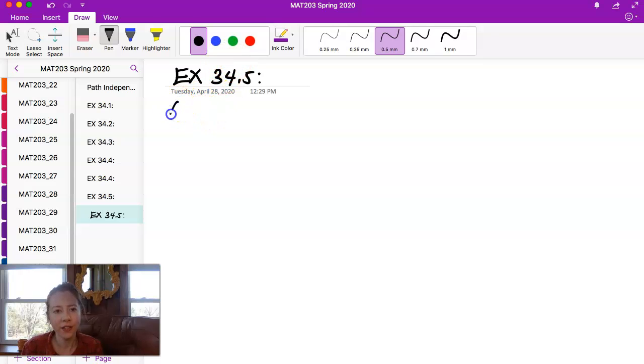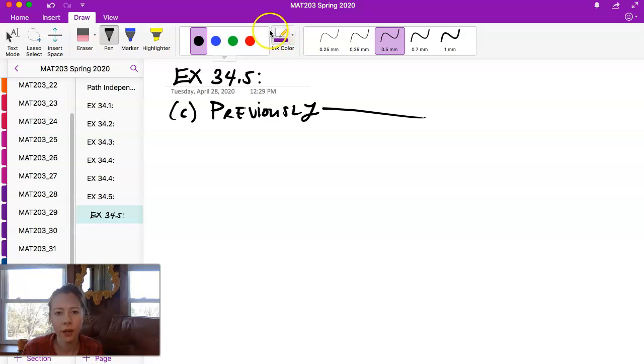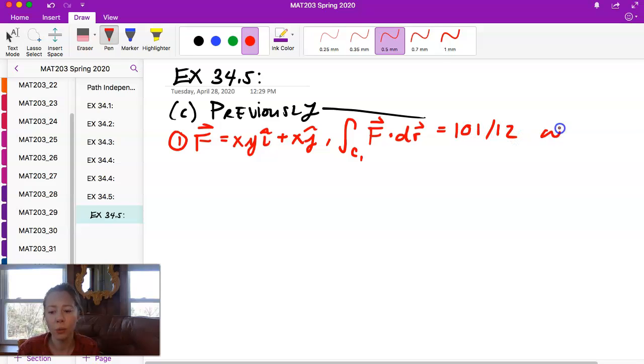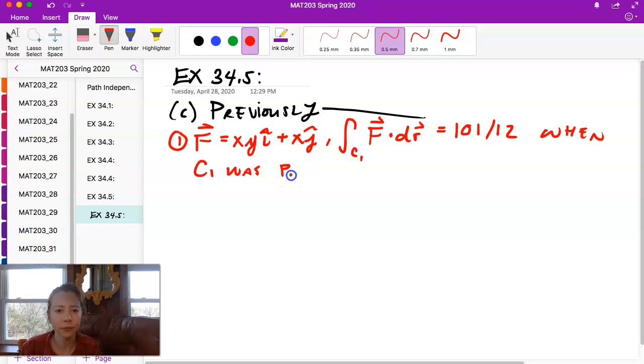Okay, so previously we have found in a different lecture that for the vector field f equal to xy i hat plus x j hat, the line integral over some curve, and I'm going to call that curve C1, of f dotted with dr, so the work, is 101 over 12 when our curve C sub 1 was the parabola from 1, 1 to 2, 4.